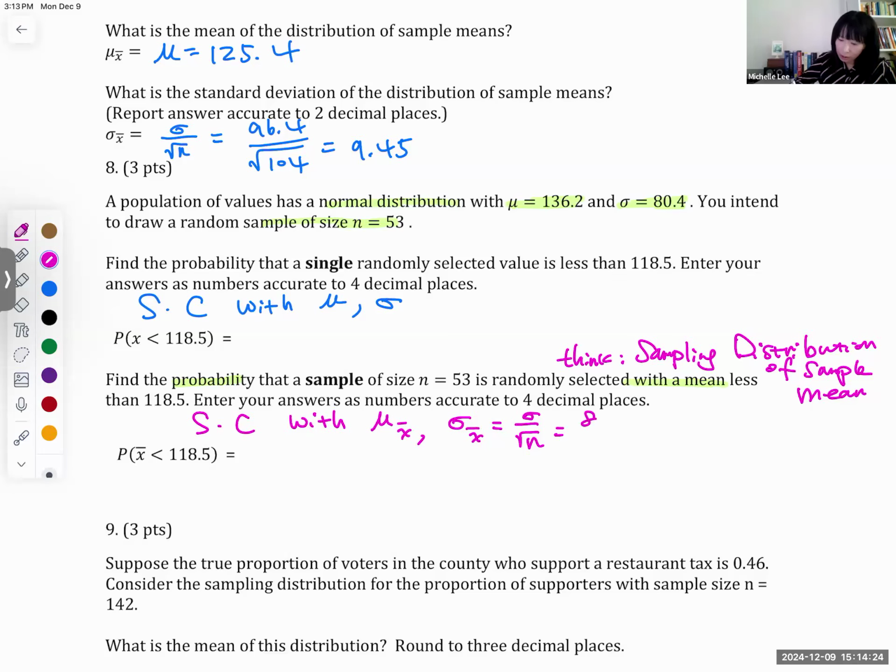So sigma in this case is 80.4 over square root of 53. 80.4 divided by square root of 53. 11.0438.